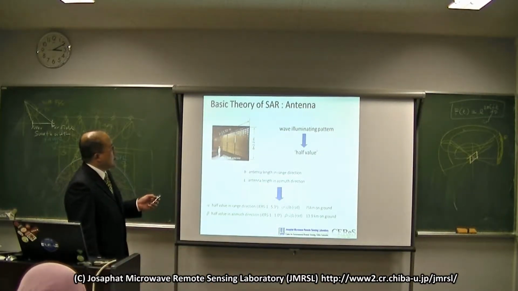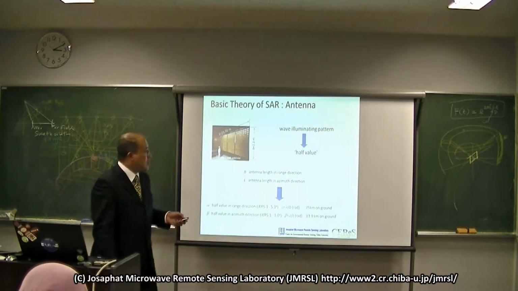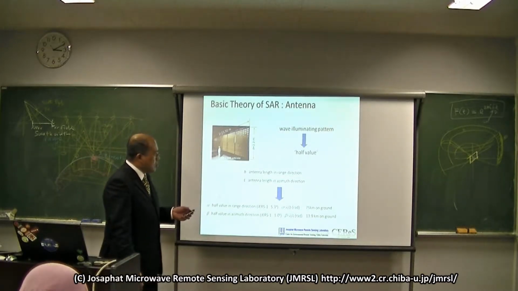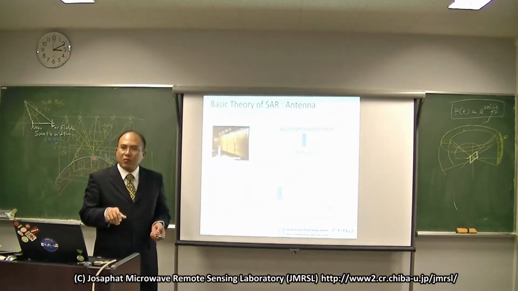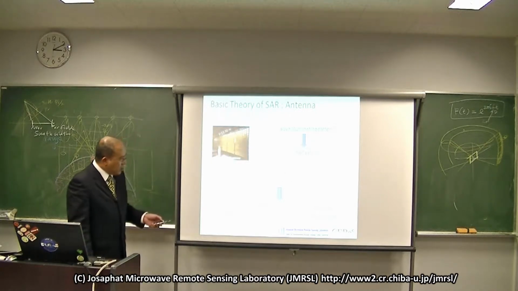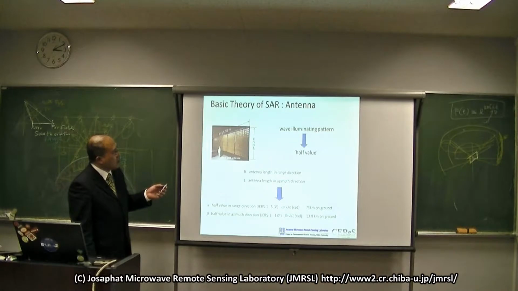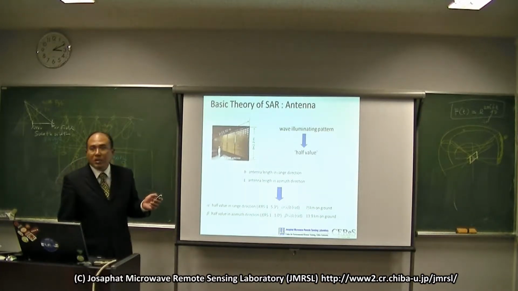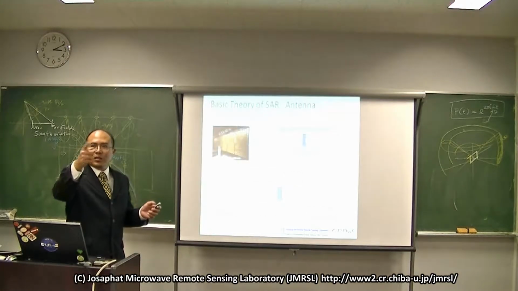Okay. Next, half value. I already explained the half value, it's minus 3 dB. To derive the beamwidth of our synthetic aperture, for example JERS-1. JERS-1 has an antenna length of around 12 meters. 12 meters is maybe twice this room.